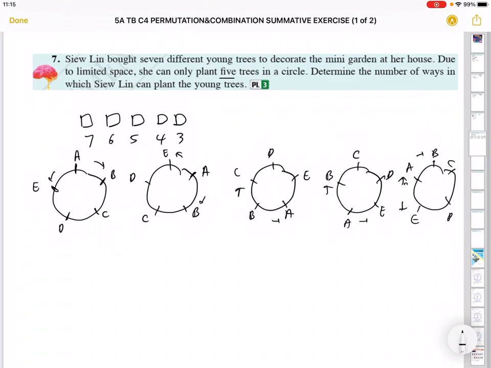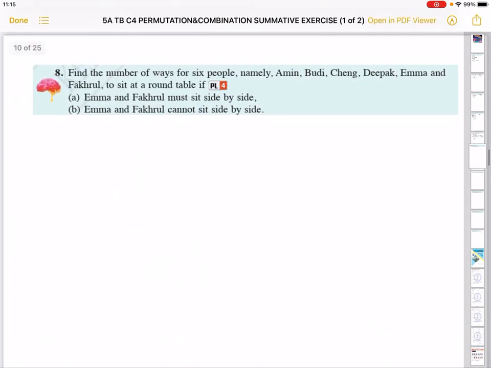Based on the row, the number of ways to arrange 5 out of 7 in a row is 7P5. But because all 5 of these are actually the same arrangement, you don't want to repeat, so you divide by 5, right? So the answer is 504.